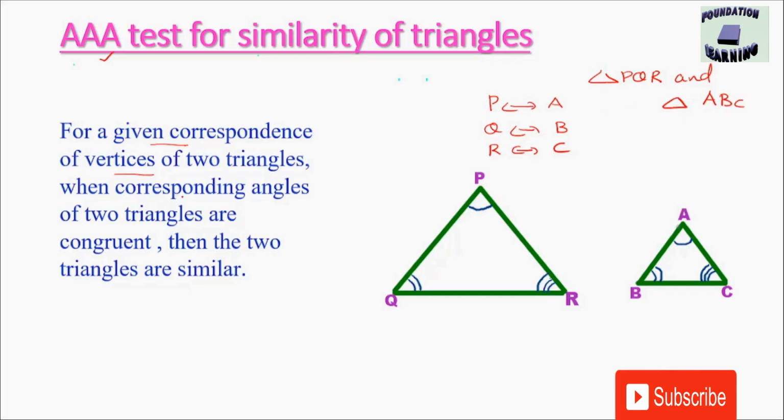When the corresponding angles of two triangles are congruent, which angles are congruent? Angle P is congruent to angle A, right? You can see I have marked a single curve. Angle Q is congruent to angle B. Here we have a double curve.